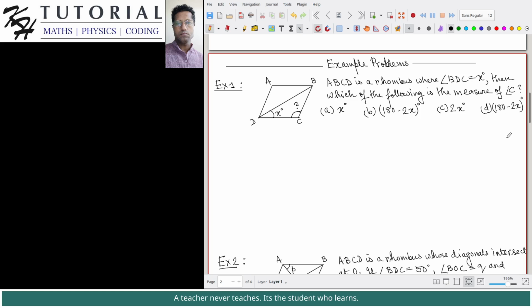So all the choices, you can see, are in terms of x. So what can we do?